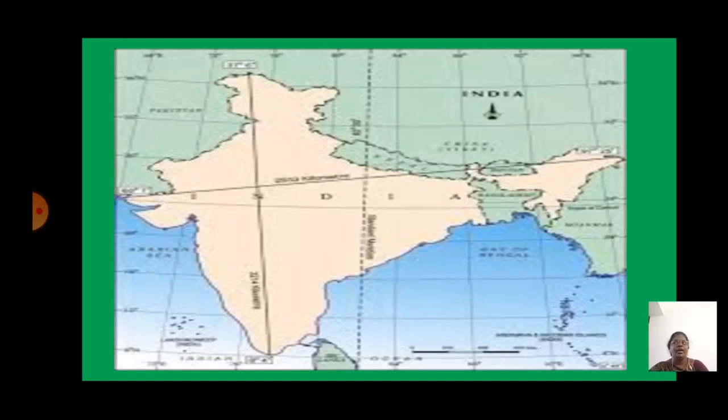Hence the 82.5 degree east line of longitude is observed as the prime meridian to calculate the Indian Standard Time, IST. This 82.5 degree east line of longitude passes through Mirzapur, near Allahabad, Uttar Pradesh. This is located at an equal distance from Dwarka in Gujarat and Kibithu in Arunachal Pradesh.